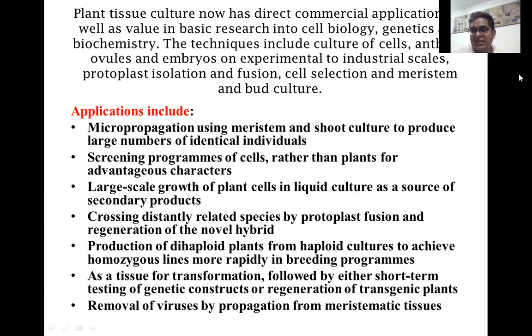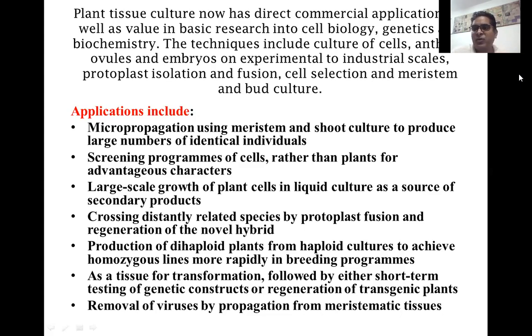Okay, likewise, this tomato was generated: the tomato has a capacity to generate tomatoes on the upper side, but on the lower side it will create potato. So this can be generated in another hybrid or other novel hybrids you can generate. And another thing is that you can remove viruses from the meristematic tissues.